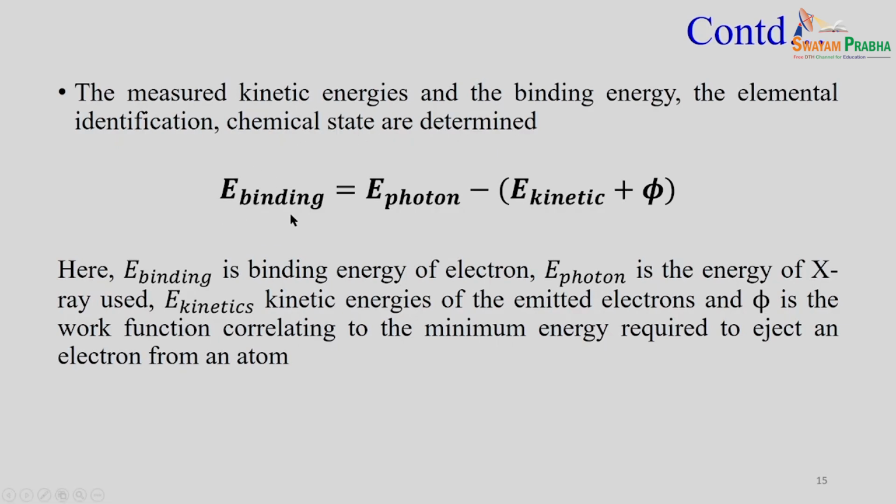If we look at the binding energy, it is the difference between the energy of the X-ray used, that is, the energy of the photon, minus the kinetic energy of the emitted electrons, minus the work required, which is the minimum energy required to eject electrons from the atom.